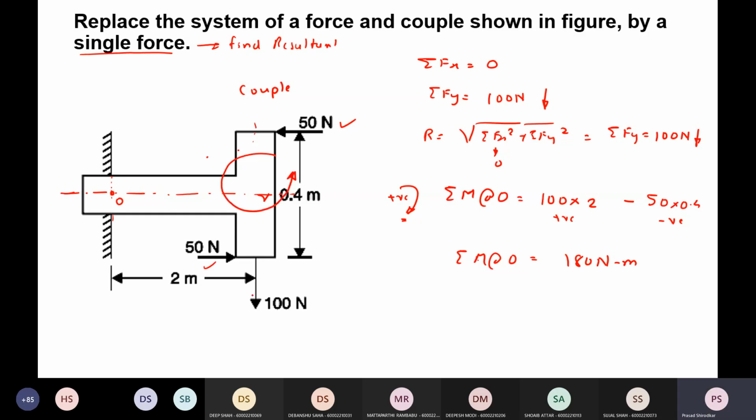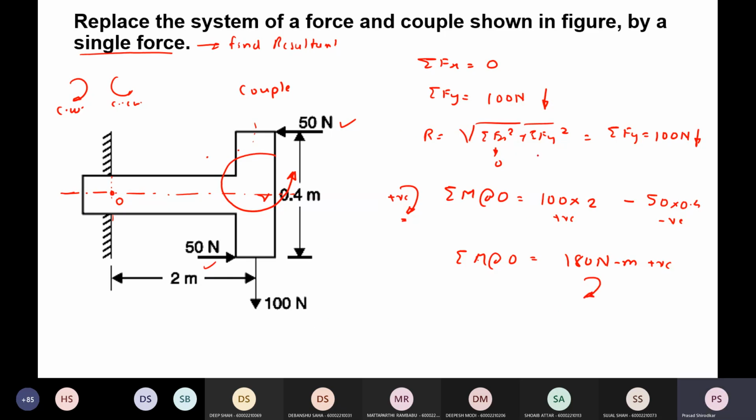So this is in what, clockwise? This is clockwise. Okay, sir. Okay, got it. Counterclockwise. So summation M comes out to be 180 Newton meter, and it comes out to a positive value. So that means the moment is in clockwise direction.